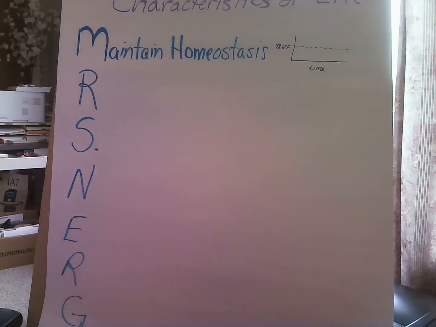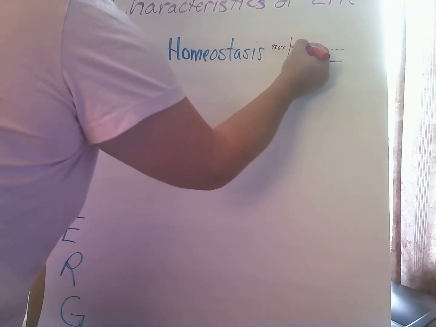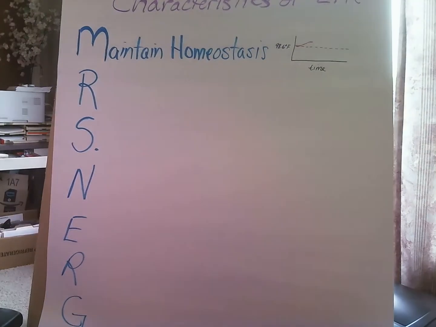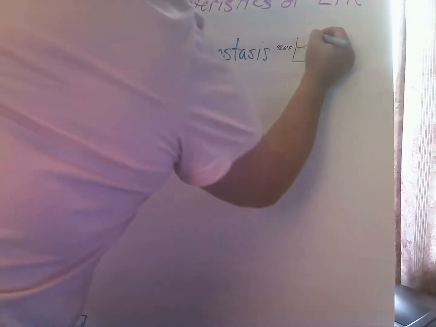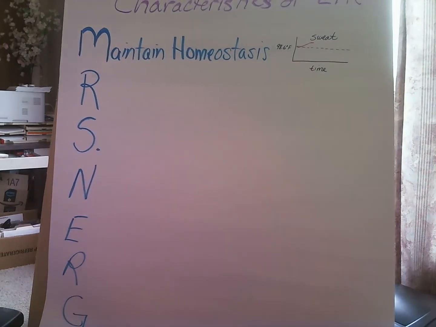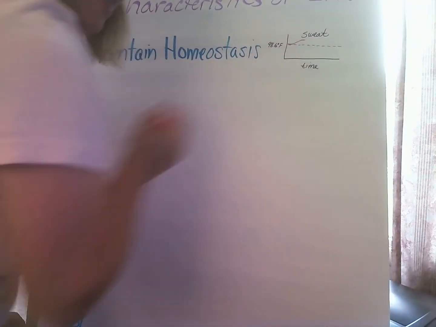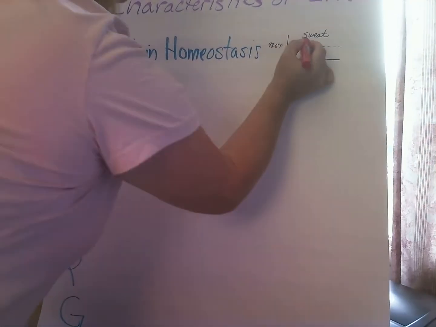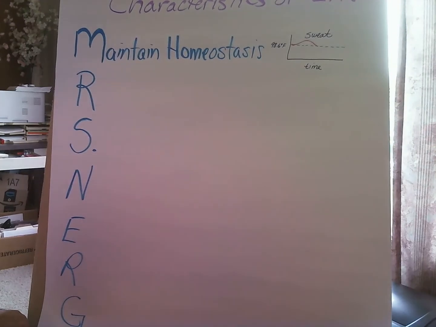But every once in a while, let's pretend we're going to PE class and woo, here we go. So when we get up and our body temperature is a little too high, we start to sweat. When we start to sweat, the water evaporating on our skin makes it cooler. And here we go, and we're happy again. Yay!